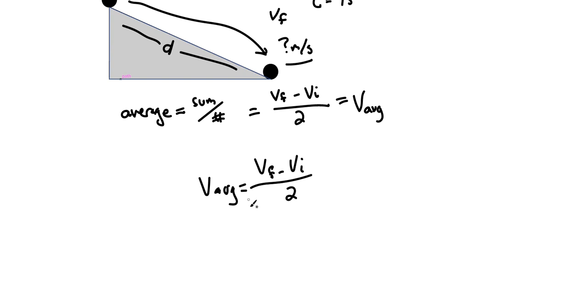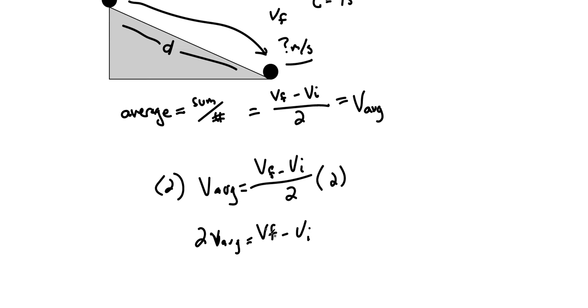Here's where the algebra comes into play. You should be relatively familiar with algebra. First thing we want to do is get rid of this 2. In order to get the 2 off the bottom, we multiply both sides by 2. Anytime you do the same thing to both sides of an equation, you do not change the equation. So we end up with 2 V average equals V final minus V initial.